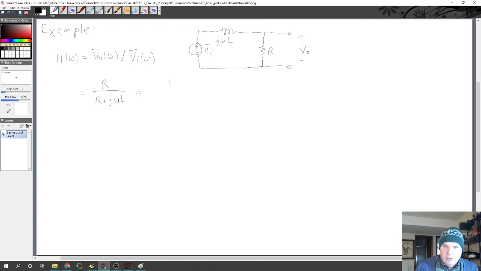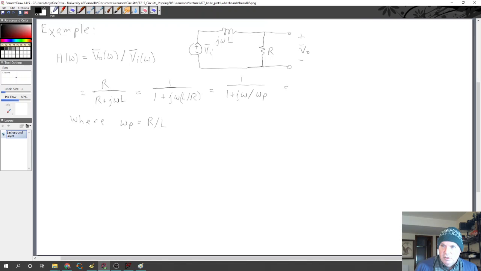We'll learn to write these in certain standard forms. I can put this into a standard form by dividing the numerator and denominator by R, and I'll have 1 over 1 plus j omega L over R. Or I can write that as 1 over 1 plus j omega over omega p, where omega p here is equal to R over L. So in the frequency response here, this term appears as a constant, L over R, or I define omega p as R over L. I just replace the ratio with a new constant.